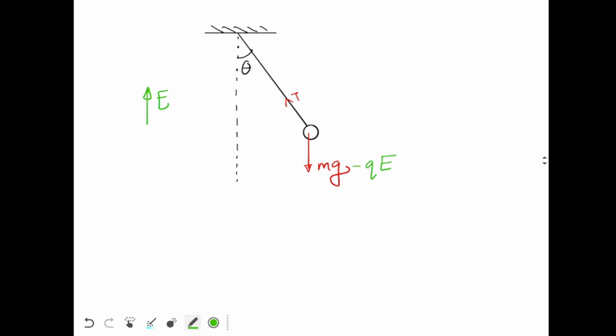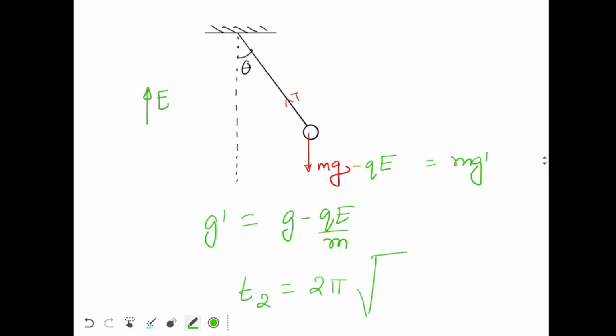So this will be equal to mg dash, apparent gravity. Then g dash will be g minus QE by m. And then I will get my new time period. T2 will be equal to 2 pi under root L by g dash.